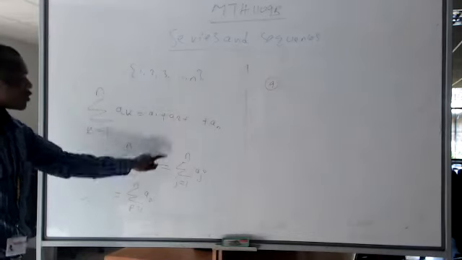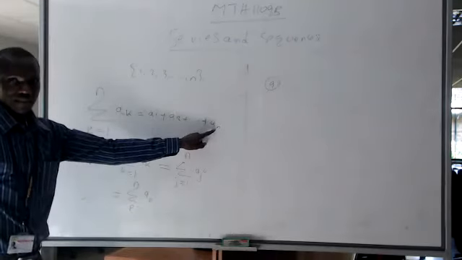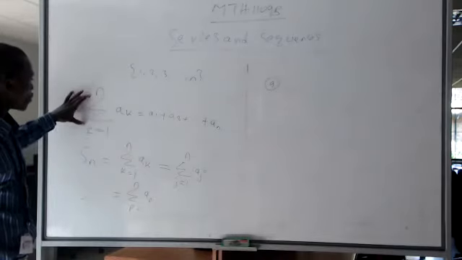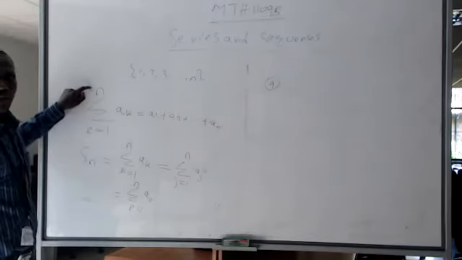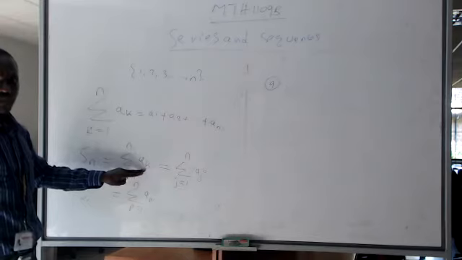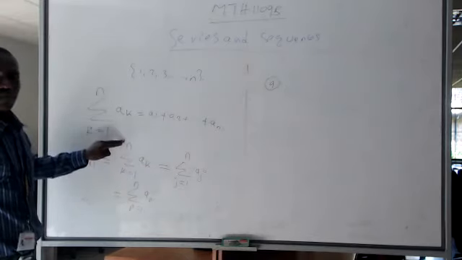When k is 3, you have a3. When k is n, you have an. This symbol simply tells you to add the values. So the meaning of this symbol is that you're adding the values from 1 up to n. So ak is not a sum. ak is simply the kth term, where k runs from 1 up to n.